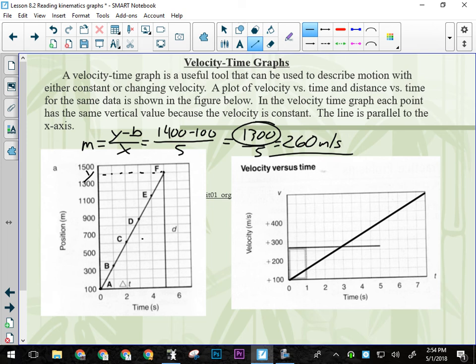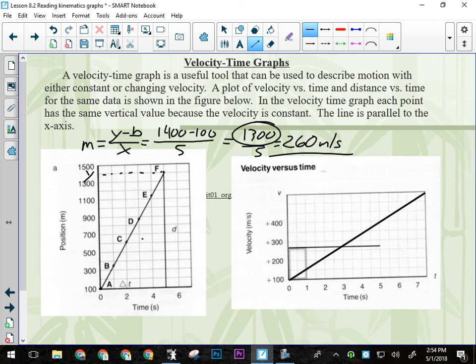Its velocity is increasing from 100 to 550. Okay, but those lines aren't on there, but that's what it is, 550 meters per second, which is really fast. Like faster than the speed of sound, really fast. All right, so it's accelerating because we see a change in the velocity here.